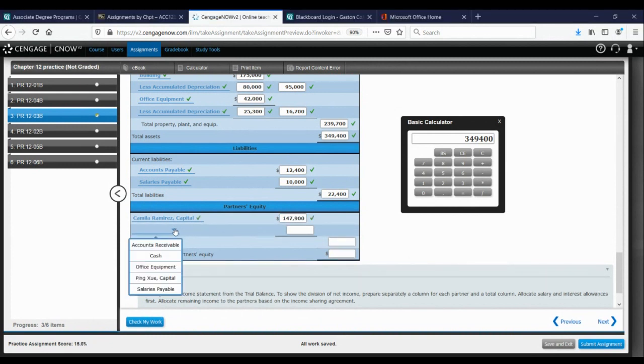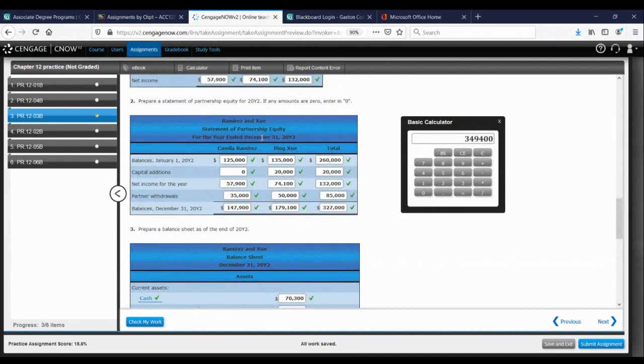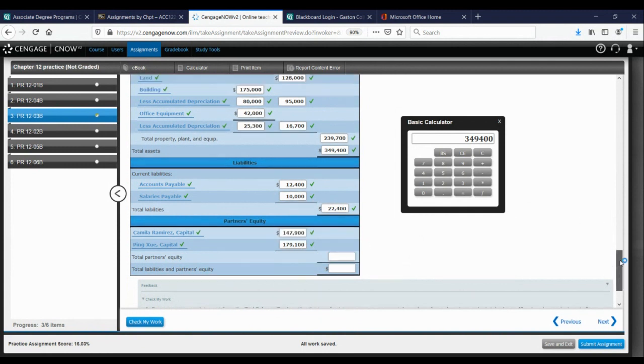The next partner's capital account is U Capital. It too is found on the statement of partnership equity under the ending amount for U, which was $179,100. And then we're going to add the two together to get the total partner's capital.